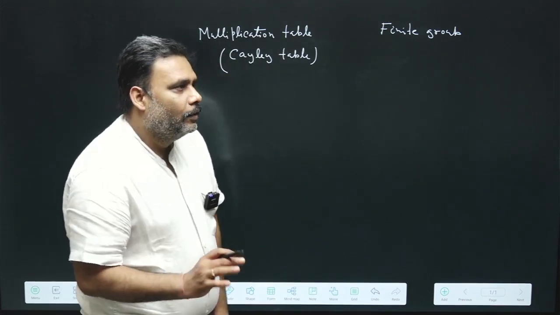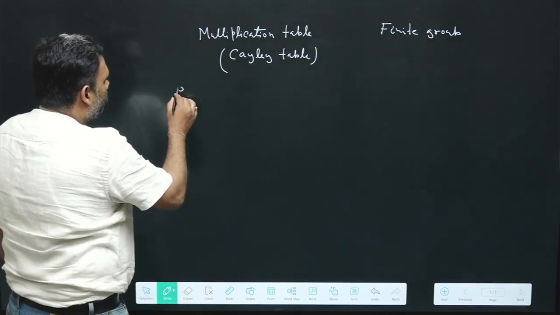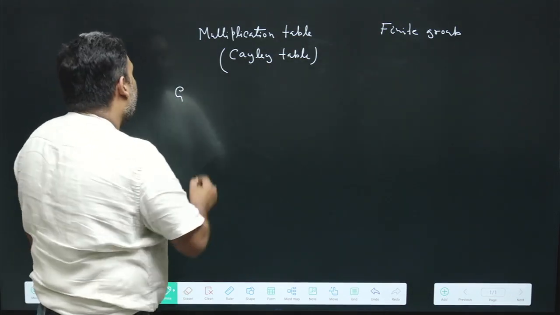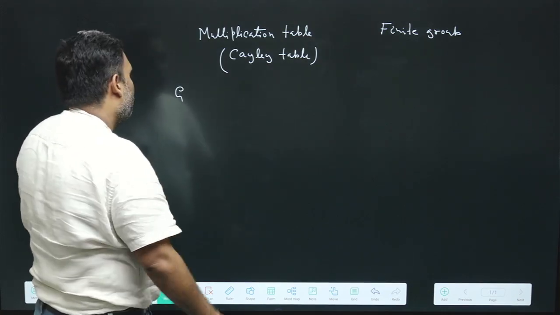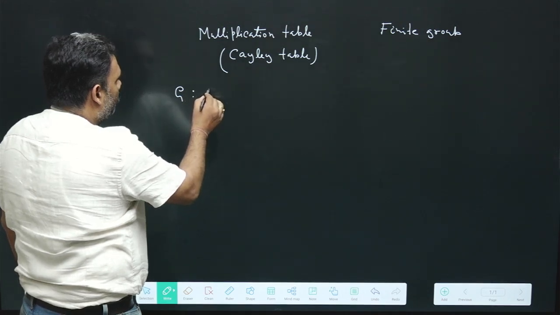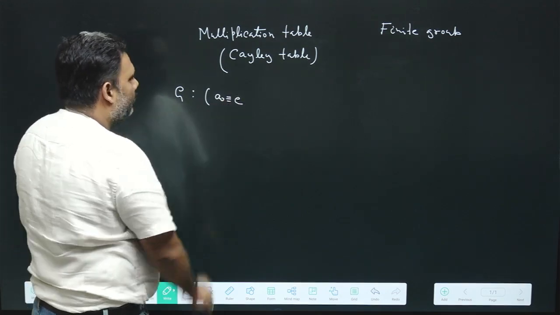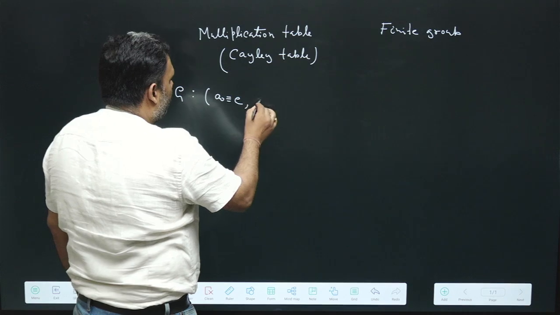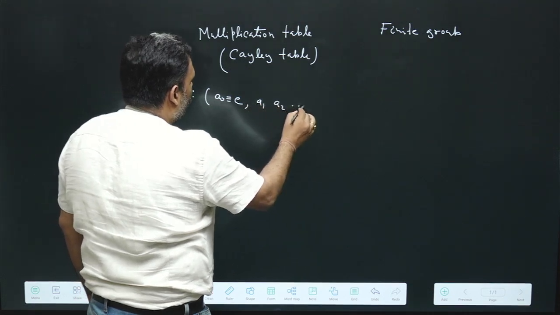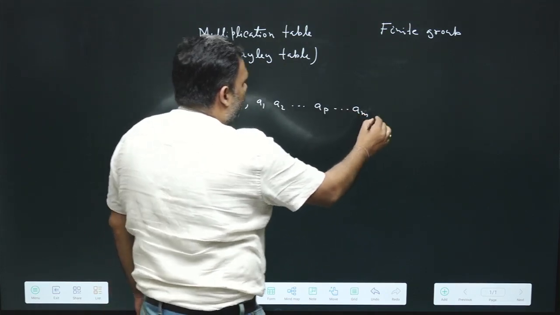So what is the multiplication table? Suppose we have a group of order n, and we represent its elements as a0, which is our identity, then a1, a2, ap, am, and finally a(n-1).